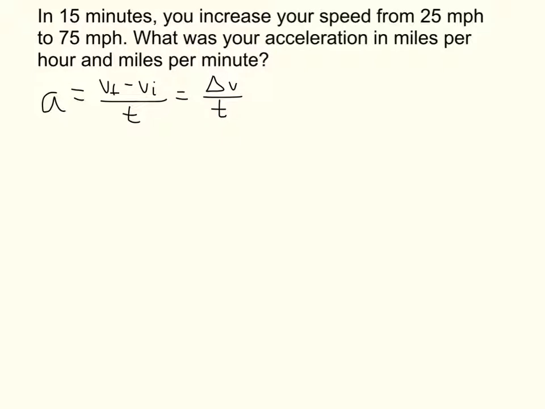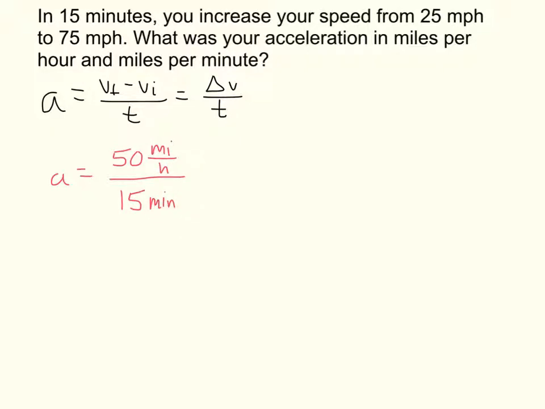So I'm going to do this problem once we start calculating it in a different color here. So that means 50 miles per hour over a period of 15 minutes. Now, if you watch the velocity videos I did, I emphasize how important it is to write those units of measurement in, and it really is so important because we can see we have miles, we have hours, and we have minutes.